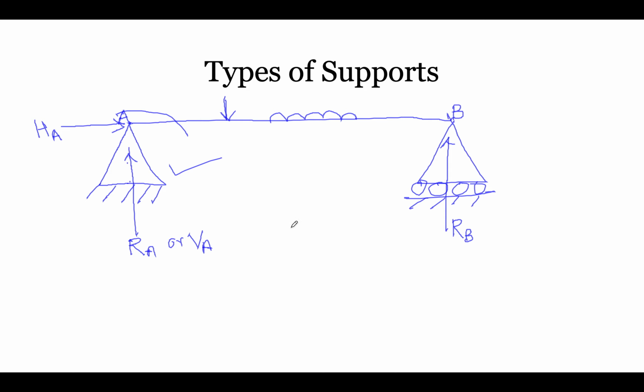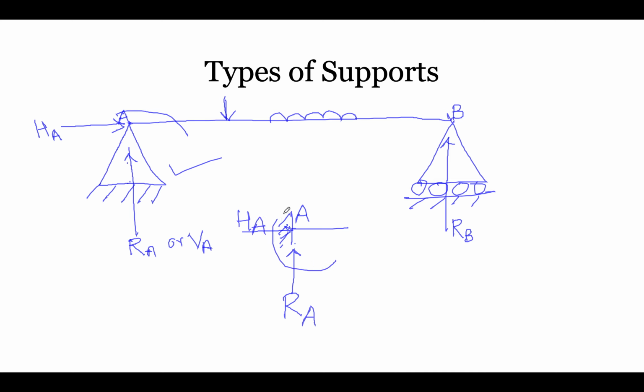Now there is one more support that we study, and that is the fixed support. So this is a fixed support. The fixed support is capable of carrying a vertical reaction. Let us call it RA. Suppose this is support A, so this is RA. Then there is a horizontal reaction, let us call it HA.